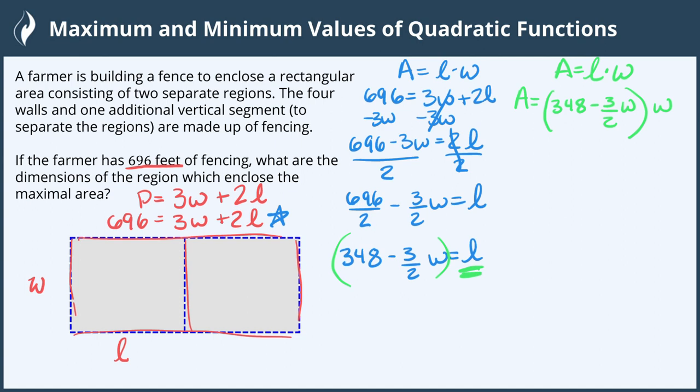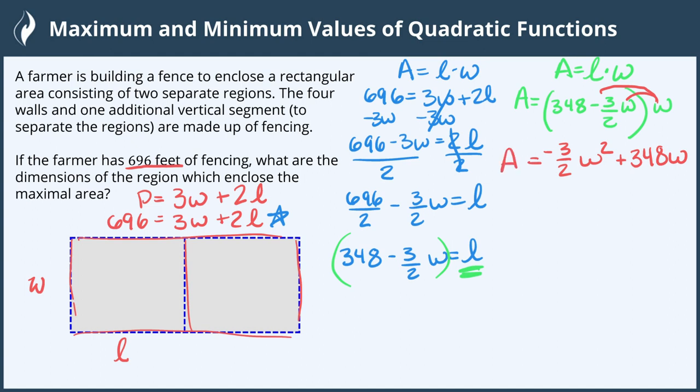And now all of the variables in there are just W. To simplify this, we're going to go ahead and do the distributive property. And W times W is W squared. So I'm going to move that one to be the first term. So we get negative 3 halves W squared. And W times a positive 348 gives us plus 348W. And this equals the area.